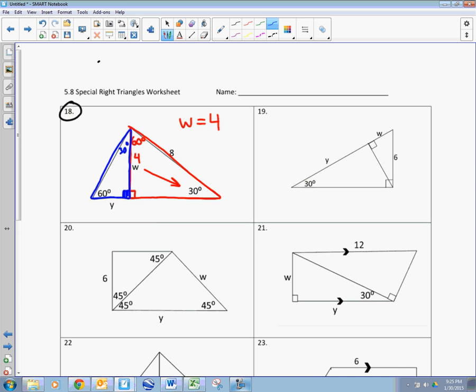So what we're going to do is to get y, we take 4 and divide it by the root of 3. If you want to find the smaller side, instead of multiplying by the root of 3, you divide by the root of 3. You have to simplify that by multiplying top and bottom by the root of 3. And you get 4 roots of 3 over 3. So y is 4 roots of 3 over 3.